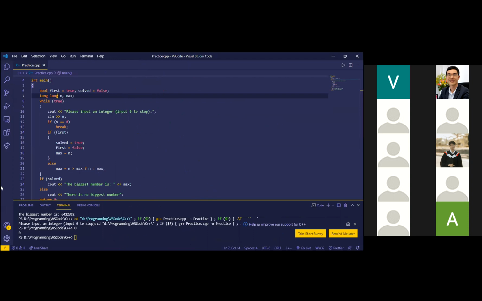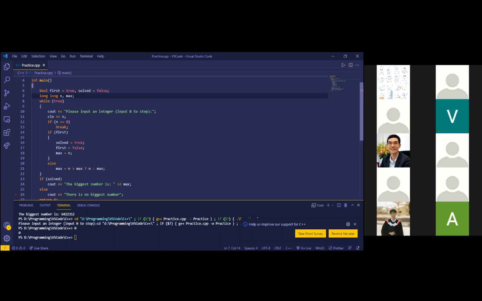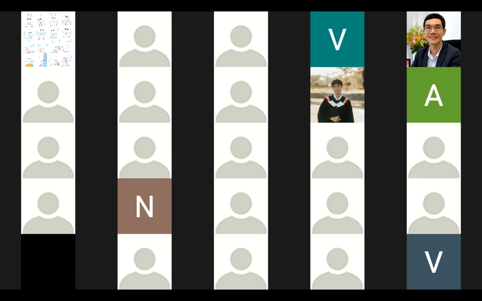But again, here he tried to avoid whether there's a biggest number or not, having a biggest number with the zero or not. Okay. Thanks, Tuấn Anh. I would like to find someone who doesn't use the while true loop. Anyone here? Thanks, Tuấn Anh, for sharing, because it's not a good way of thinking.